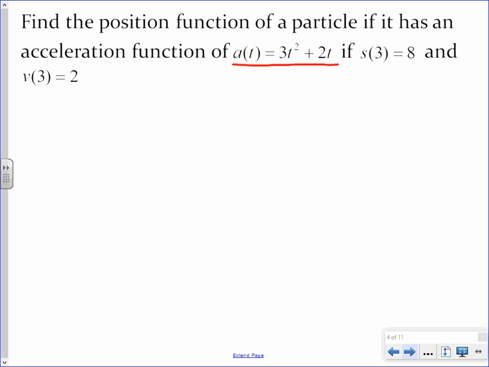If we need to get all the way to the position function, not only do we need to know a data value from the position, but we also need a data value from velocity. Basically we're going to have to do the same thing we did on our last example, but twice. We're going to have to go from acceleration to velocity, solve for that C, and then velocity to position.